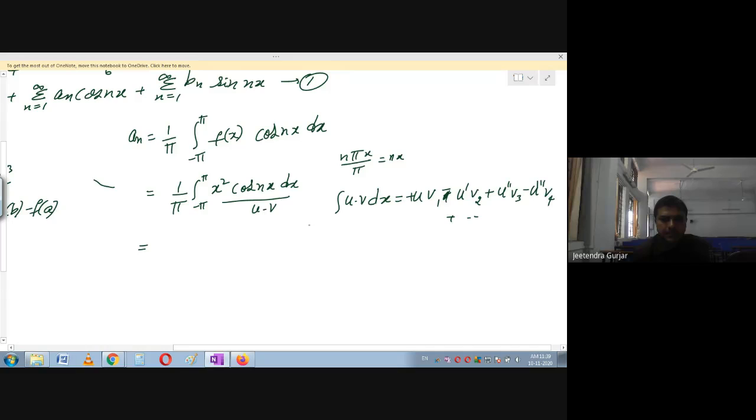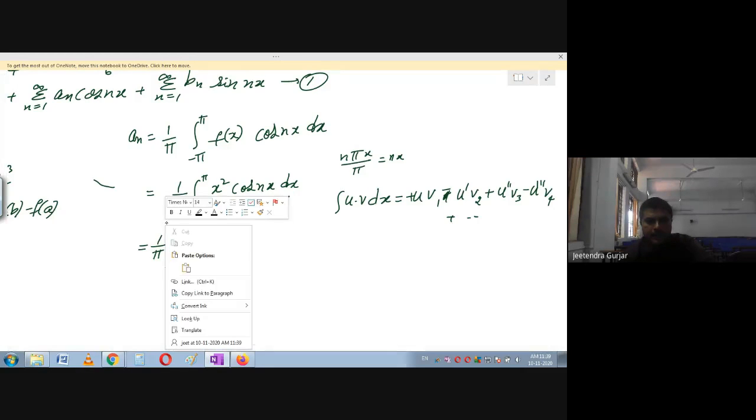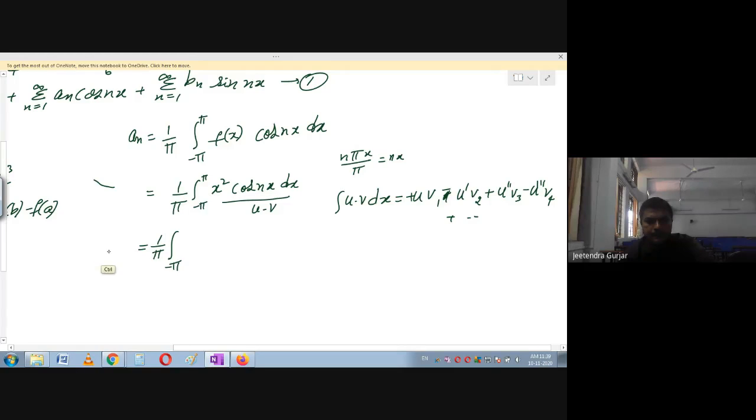Now you can see one by one I am going to simplify this. Please understand 1 upon pi. Already you have come across integration, right? So first I'm going to use this formula now. I'll just substitute the values, students. First I will keep x square as it is.